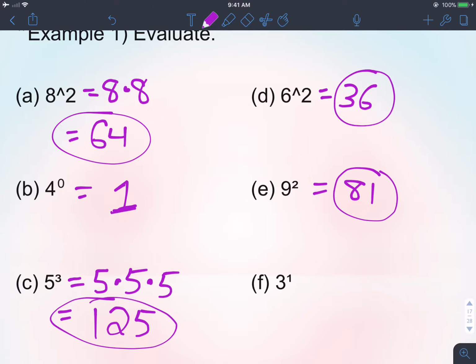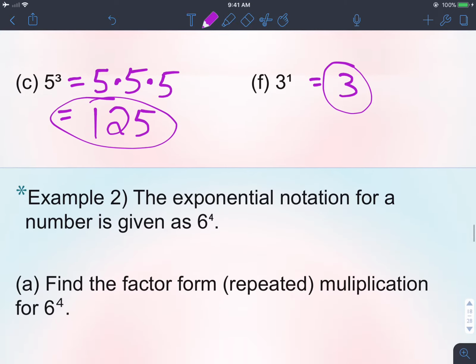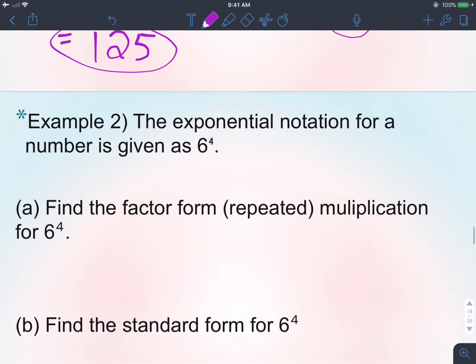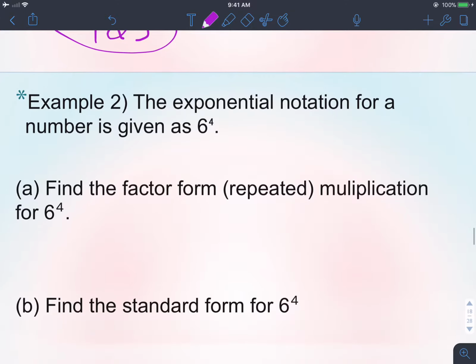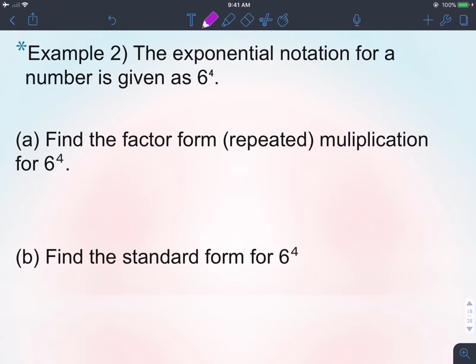And then 3 to the first power. 3. Are there any tricks that I want to talk about here? No. We're good. Those are your terms, right?